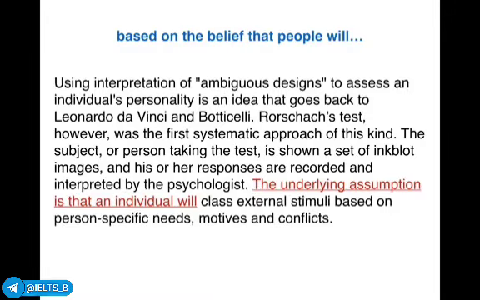What belief? It's based on the underlying assumption that an individual will class external stimuli based on person-specific needs, motives, and conflicts. So this part that I've highlighted in blue is where the answer is. Class external stimuli based on person-specific needs, motives, and conflicts. Let's look at the sentence endings.